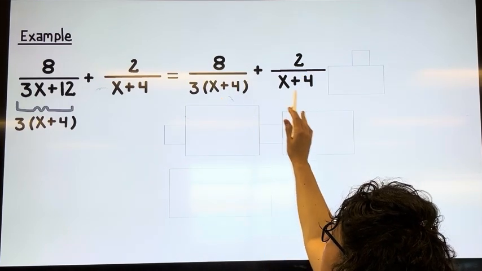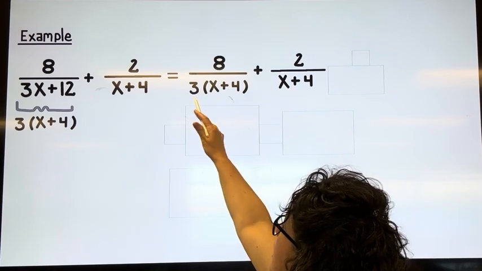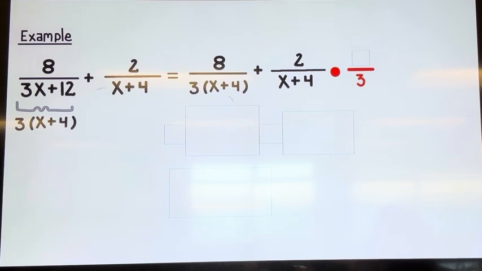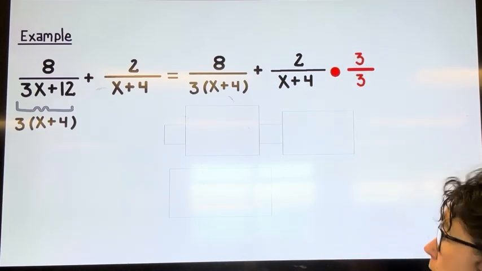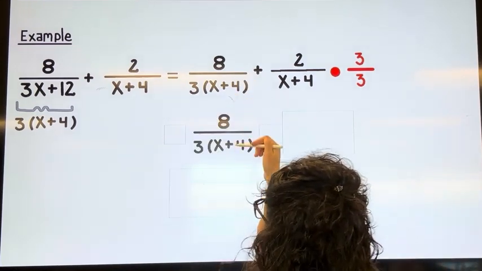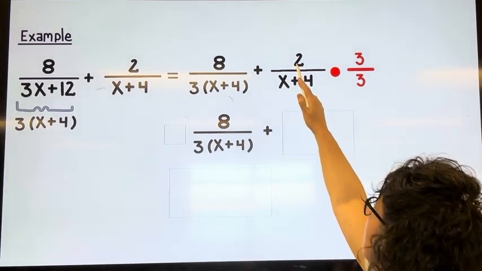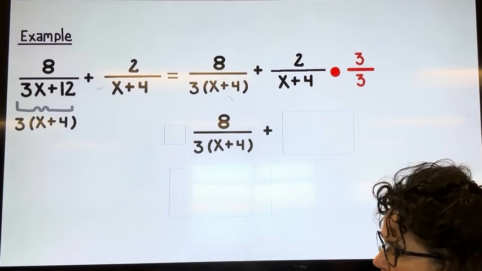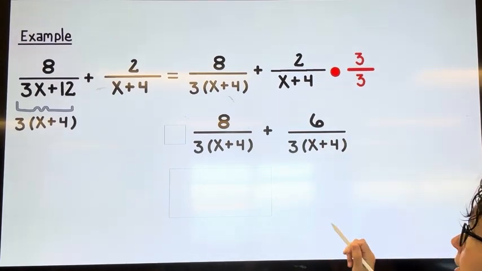Looking to see what's in those denominators, this one is missing a 3. So I want to put a 3 with that denominator. But whatever I do to the bottom, I've got to do to the top. So let's bring down that first fraction, bring down the plus, and then multiply numerator times numerator, denominator times denominator. 2 times 3 is 6 over that common denominator.